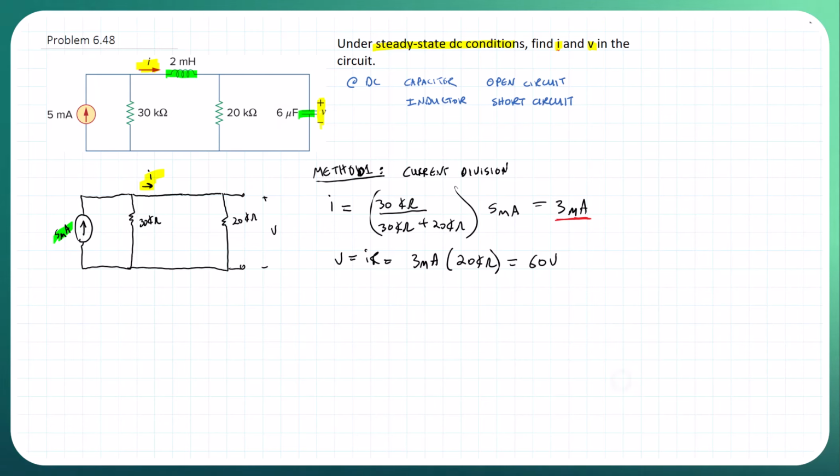Okay, so we've solved for this problem using current division. Let's just say you forgot the equation for the current division or that relationship. The other way you could approach it is just use KCL or Kirchhoff's current law.